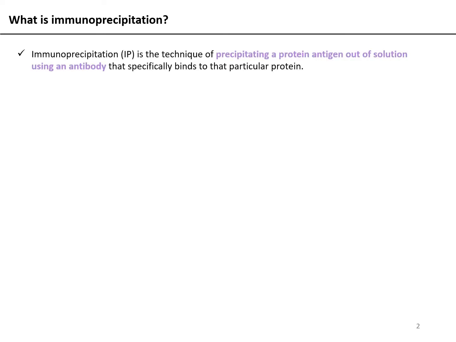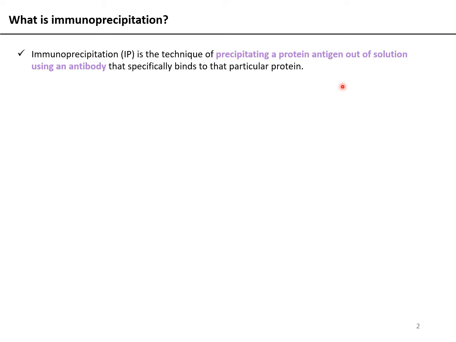Immunoprecipitation or IP is the technique of precipitating a protein antigen out of solution using an antibody that specifically binds to that particular protein. If you have gone through the previous lecture that I uploaded on Western blotting, you would have heard me mention the term immunoprecipitation and very briefly describe what it means.